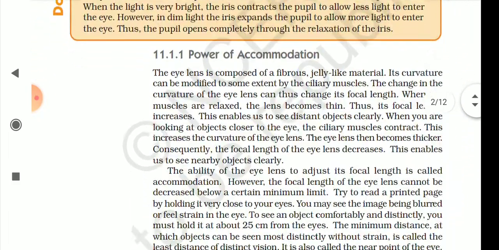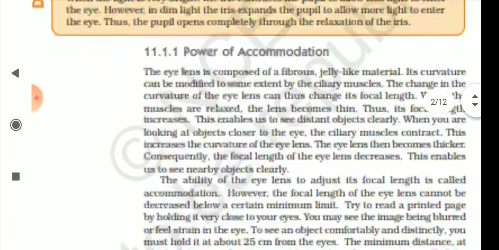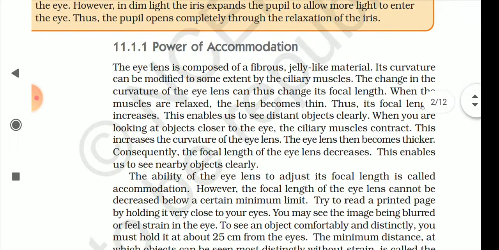Next topic, the power of accommodation of the eye. What is the power of accommodation? Another name for it is focus. As I told you earlier, we can see up to some extent and not beyond, and that depends on the individual. Everybody has their own visual capacity. But one thing is common, that is the near point of the human eye.